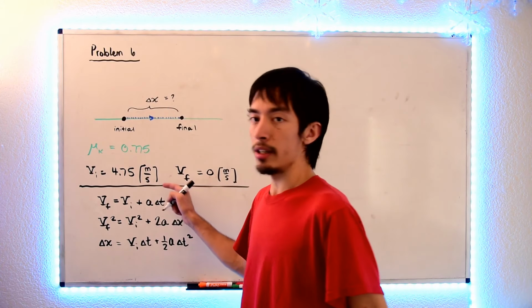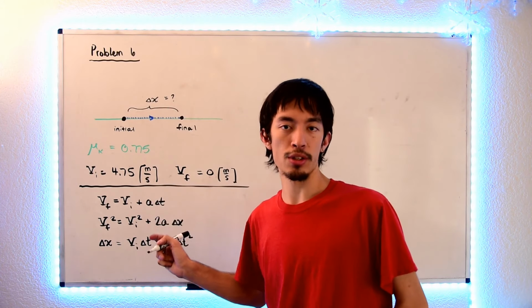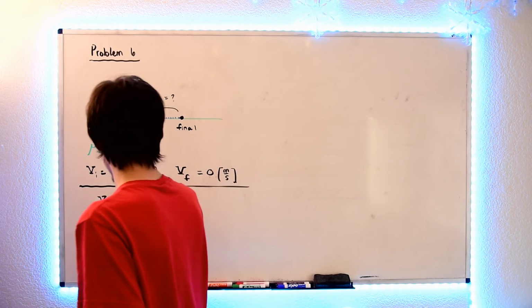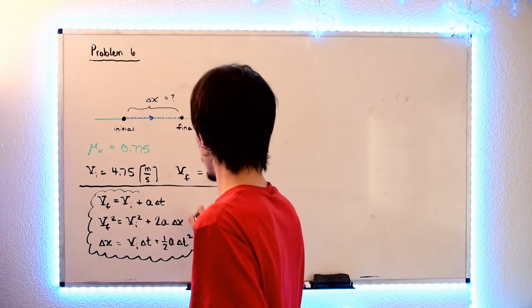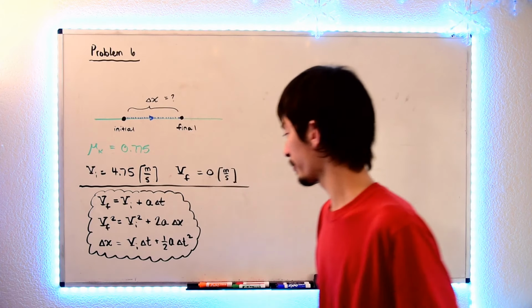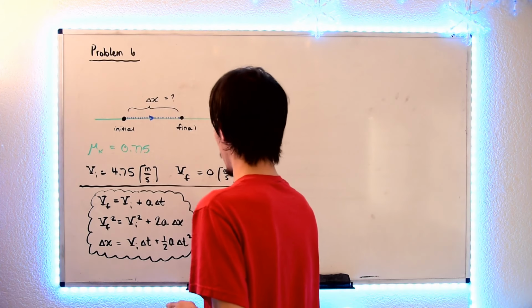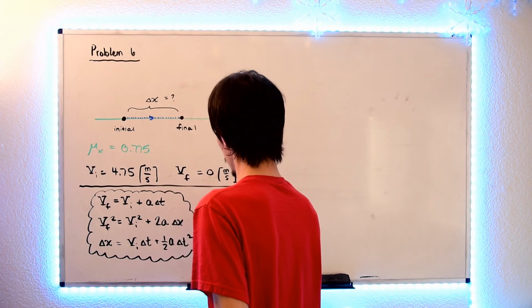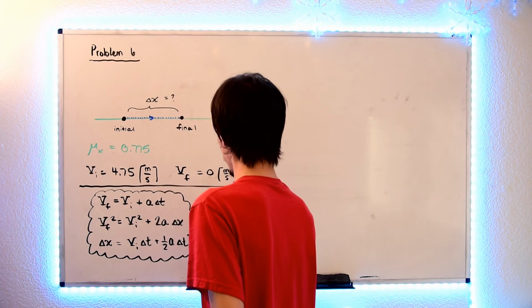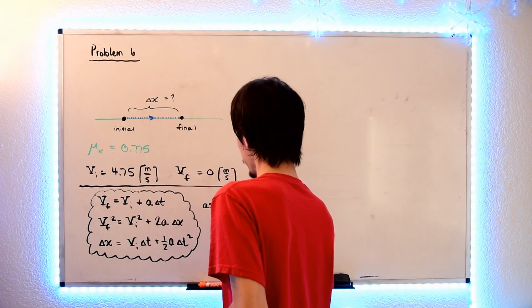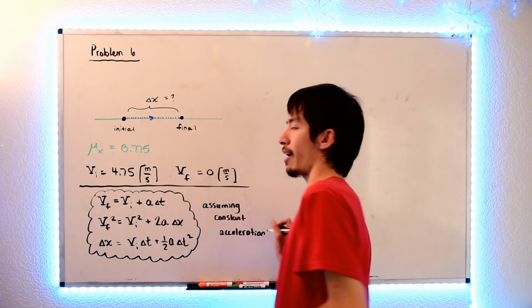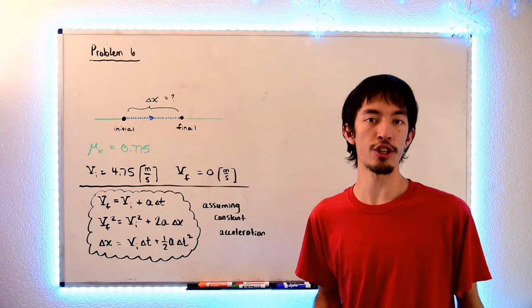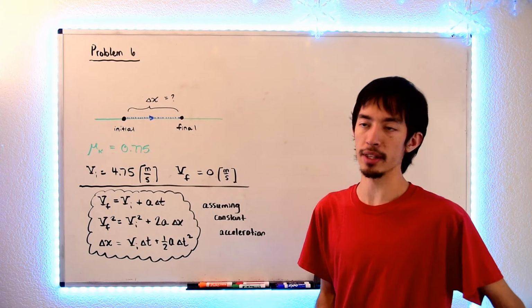You could technically work with only 2 of these and still solve the problem, but I find that having 3 is particularly handy, so I will reference these 3 when doing kinematics. This is all assuming constant acceleration. The value of the acceleration does not change in the problem, which is true most of the time in these problems.